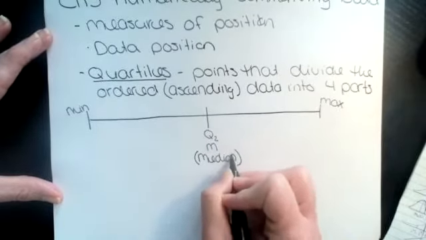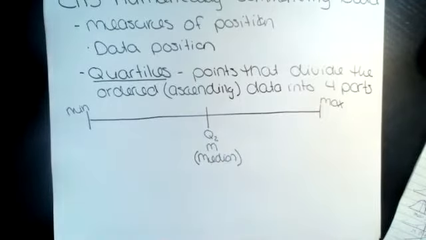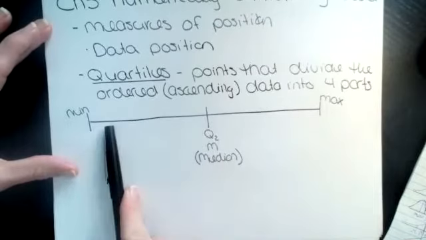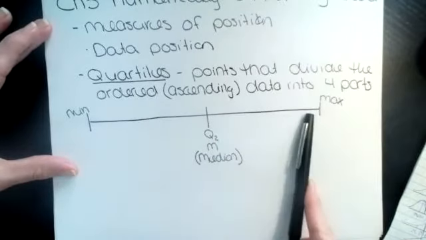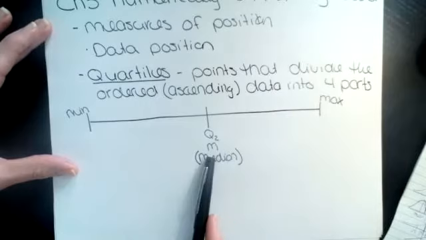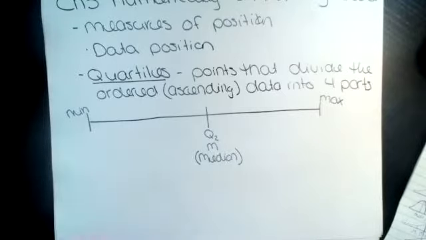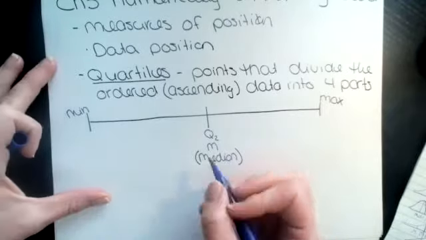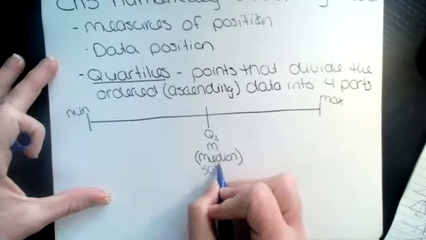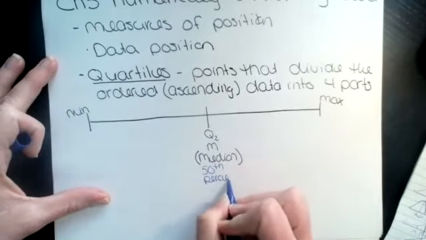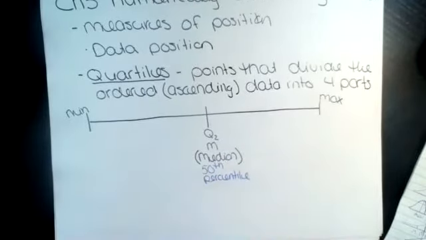Remember, the median is a special case of a percentile, right in the middle, where 50% of my data is smaller than that number and 50% is greater. That's also called quartile 2. Another name for this could be the 50th percentile. So the median has a lot of names.